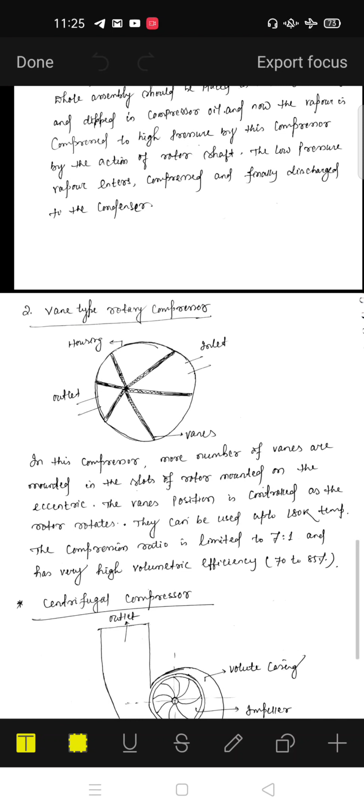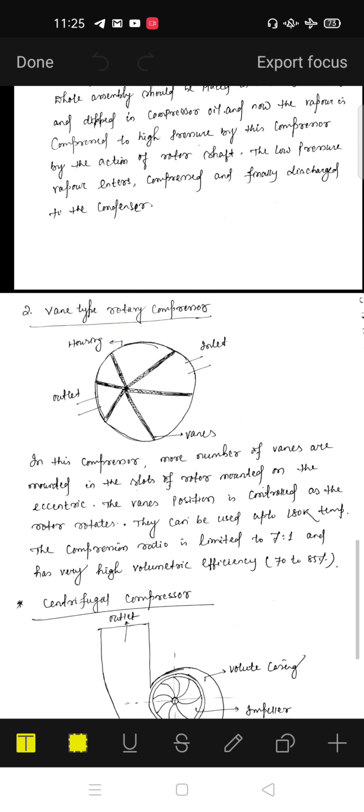So in this compressor, a number of vanes are mounted in the slots of a rotor mounted eccentrically. The vane's position is controlled as the rotor rotates.